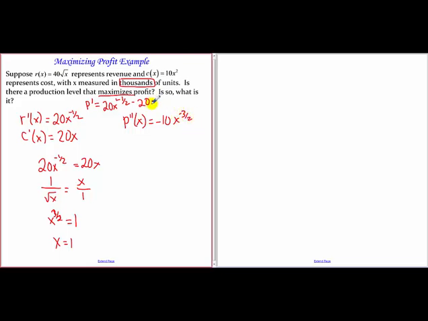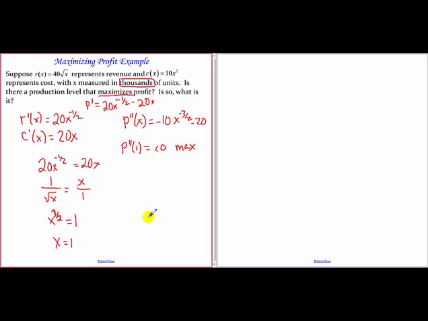That was a 20x, so that's why it's negative 20. I was already taking my derivative in my head. Okay, so now when I plug in 1 there, I have negative 10 minus 20. That's going to be less than 0. So therefore, we're going to have a maximum.